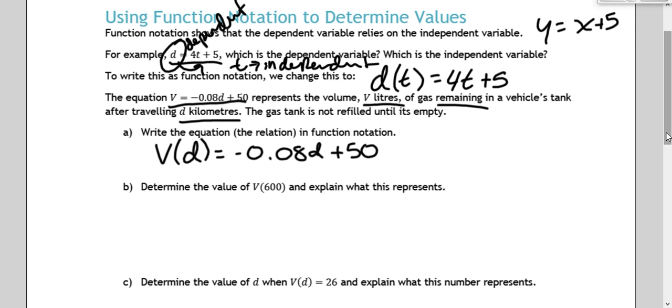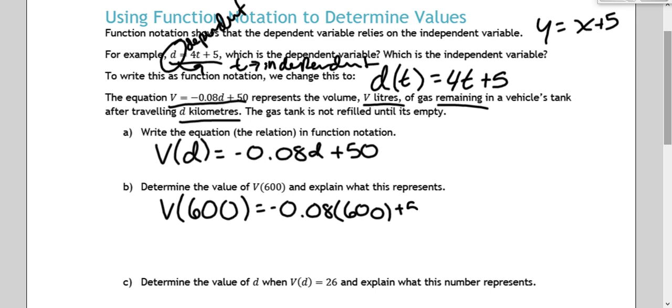Determine the value of V of 600, which is equal to negative 0.08 times 600 plus 50. Simplify this down, gives us 2. This means that when the car has traveled 600 kilometers, there will only be 2 liters left.